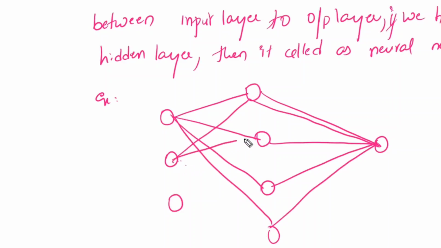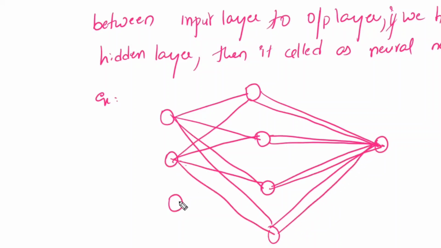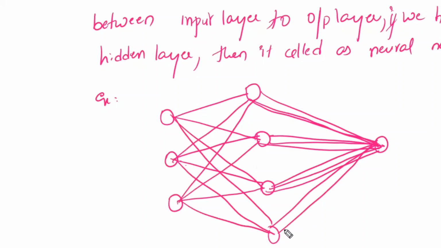You are using a hidden layer and connecting through it to the output layer. Then it is called a neural network. In between, if you are having any kind of hidden layer, then it is called a neural network.